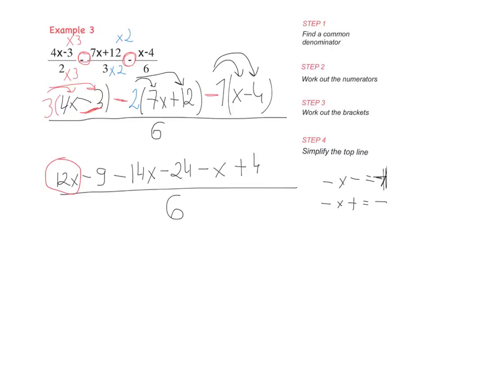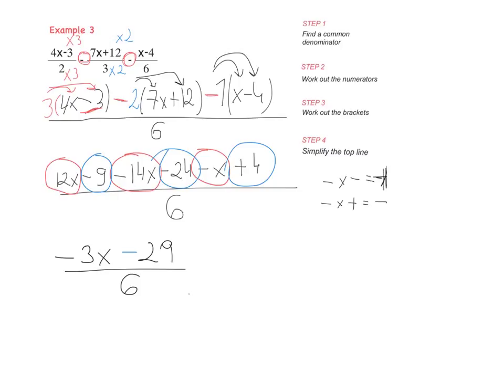So we have 12x minus 14x and minus x. So it's minus 3x, and then we have minus 9, minus 24, and plus 4. Minus 29 all over 6. And this is our answer.